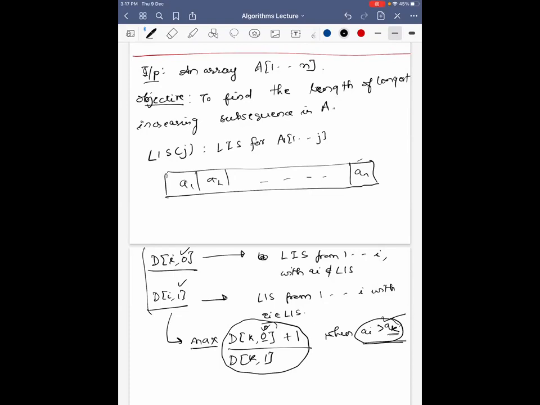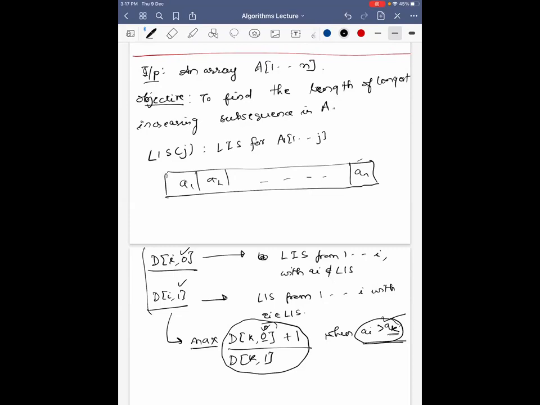We are making the choice that AI is selected or not. That thing we are also finding the maximum, so it's fine.